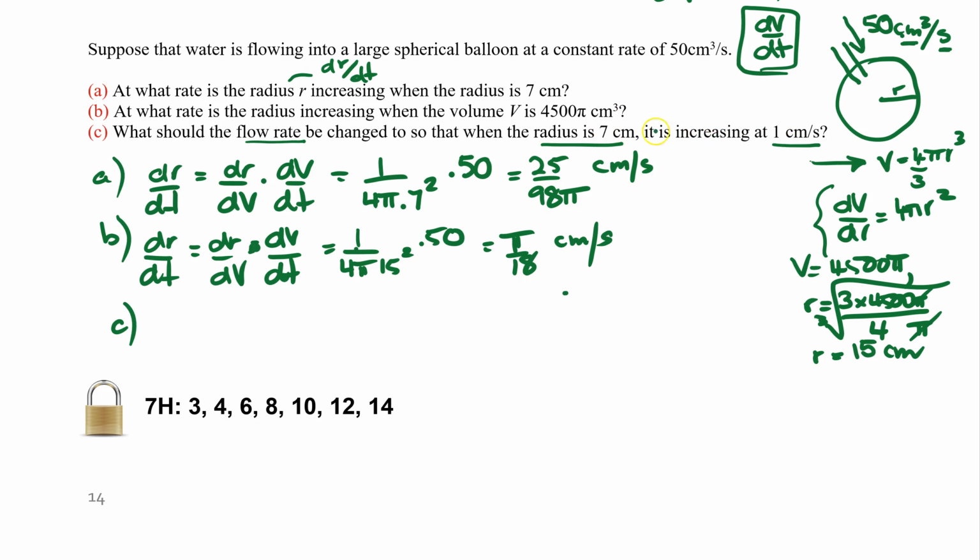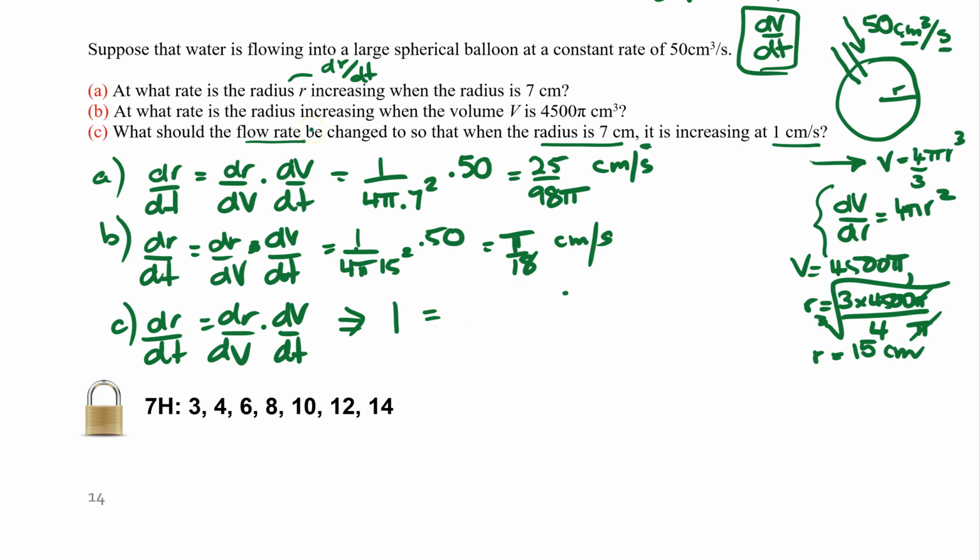So if we were in doubt about it being the radius, think about the units. It's the units of distance divided by time, so that is dr dt. So again, it's our same relationship, and we want dr dt to be 1 centimetre per second.